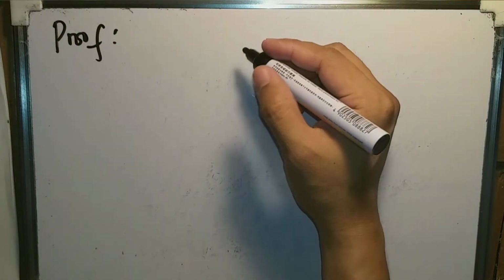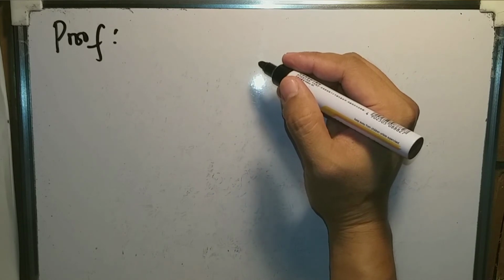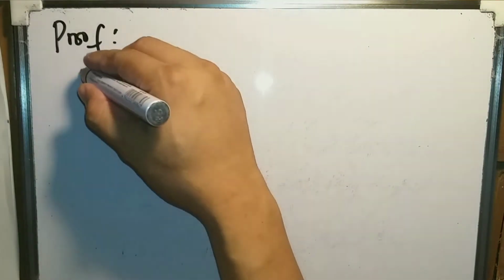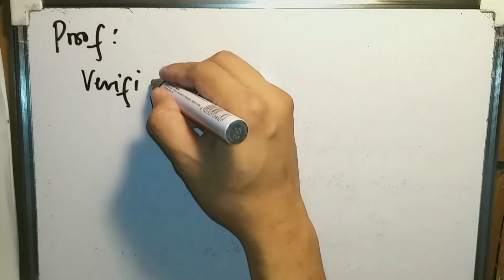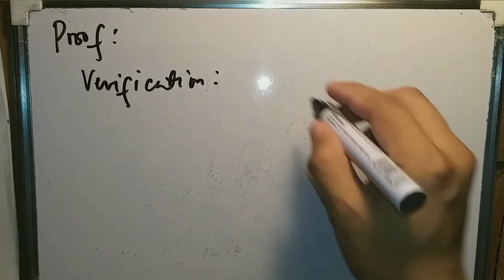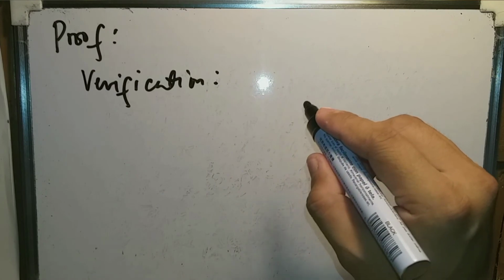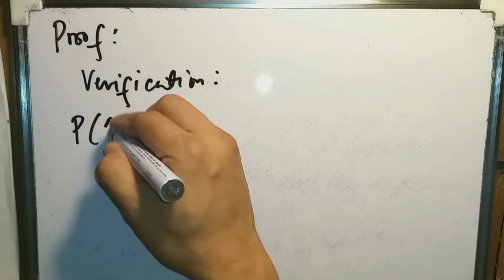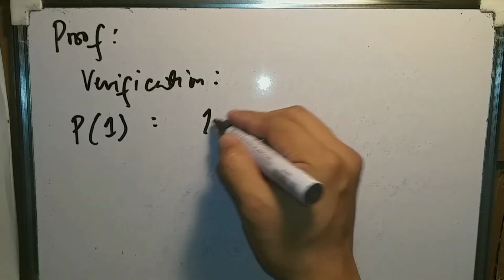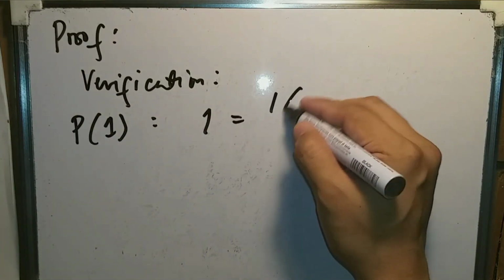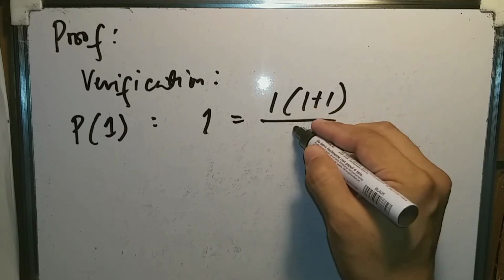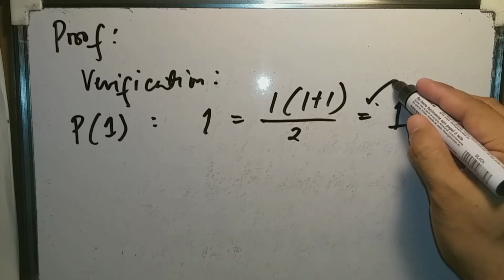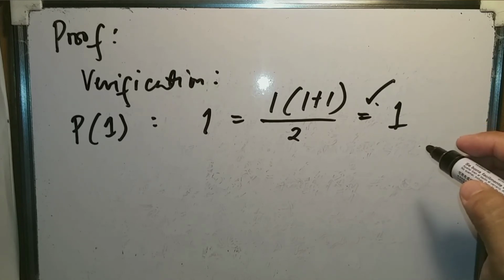Usually in mathematical induction, we start with verification. I'll just verify the proposition for n equals 1. If we have p of 1, we have 1 equals 1 times 1 plus 1 all over 2, which is 1. So the proposition is true for n equals 1.